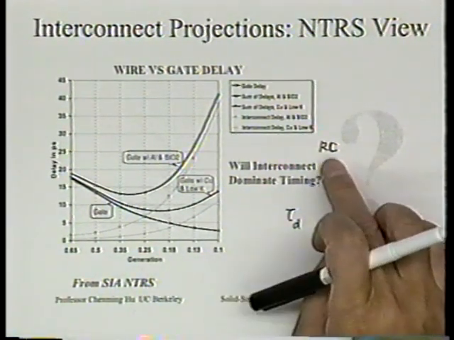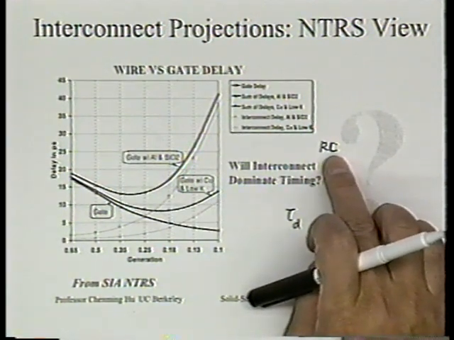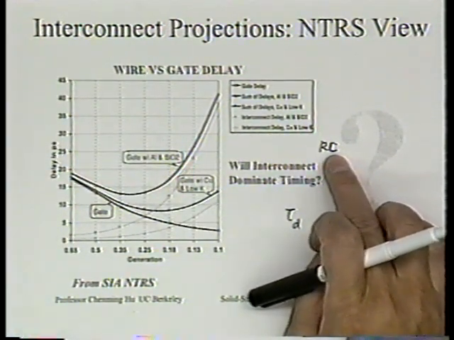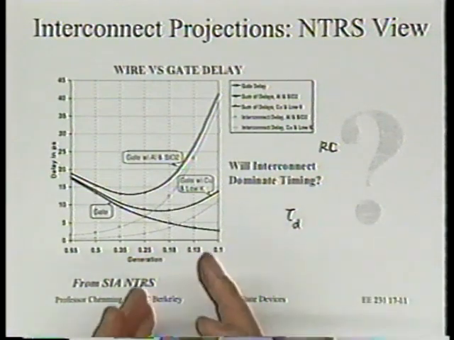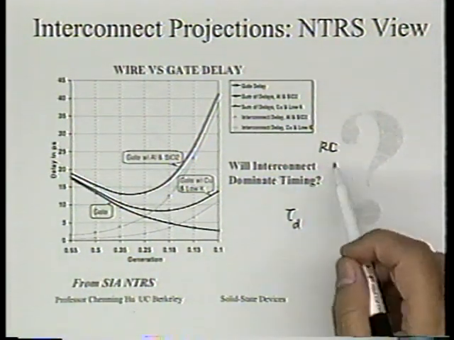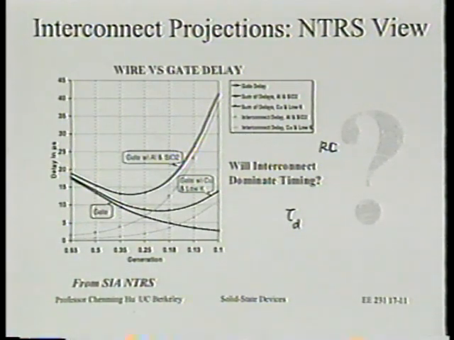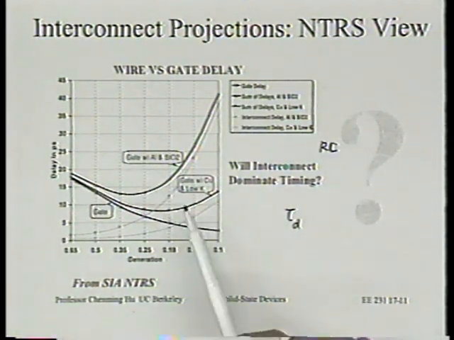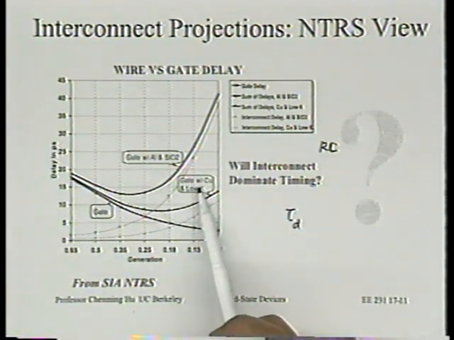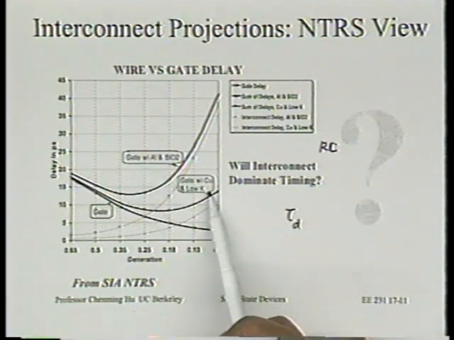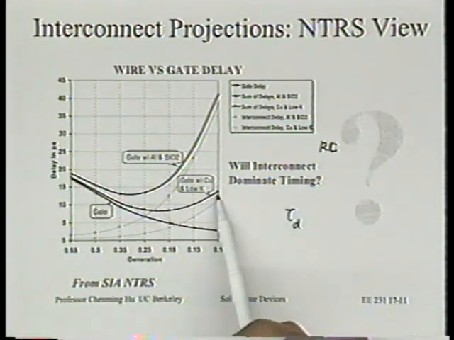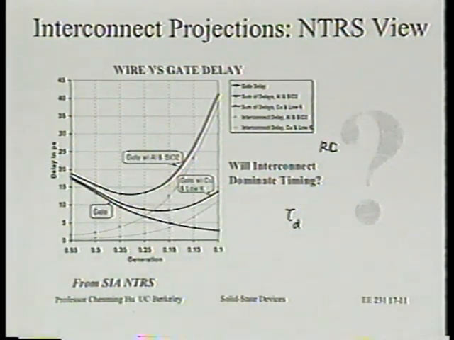Maybe the dielectric is smaller, or the capacitance of the neighbor is larger, so C is larger, and also the chip is larger, so the interconnect line length is longer, so therefore this interconnect delay gets much larger. All right, and if we use some more advanced material like copper line or even low K, based on this plot, well, things are just a little better, not so much better.